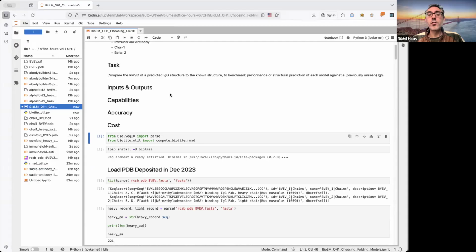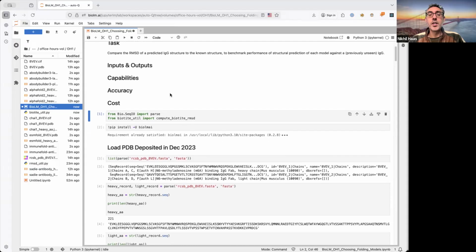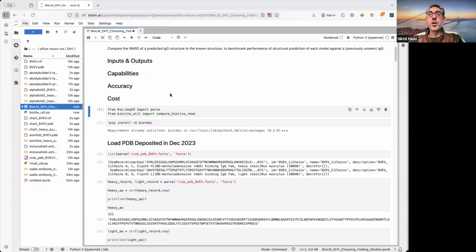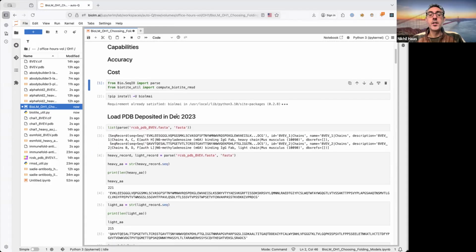You'll get a pretty good structural prediction, but then you have to be more careful as you go outside the training data set. So the intention here is to find an IgG with a known structure, a crystal structure, for instance, deposited publicly as late as possible.